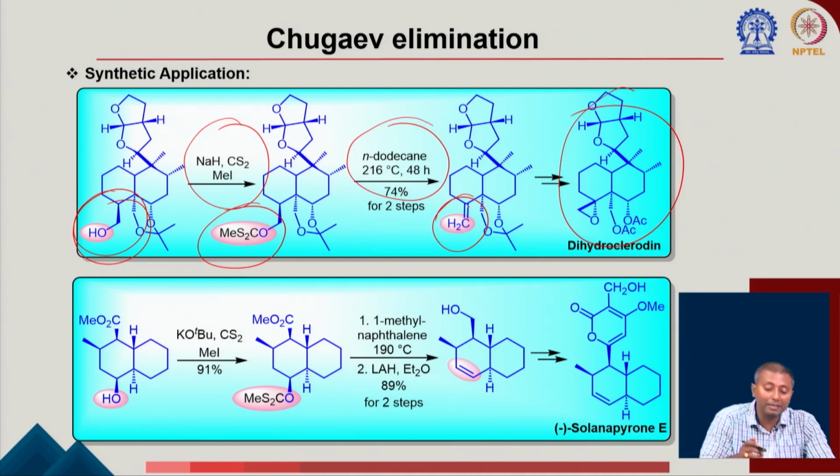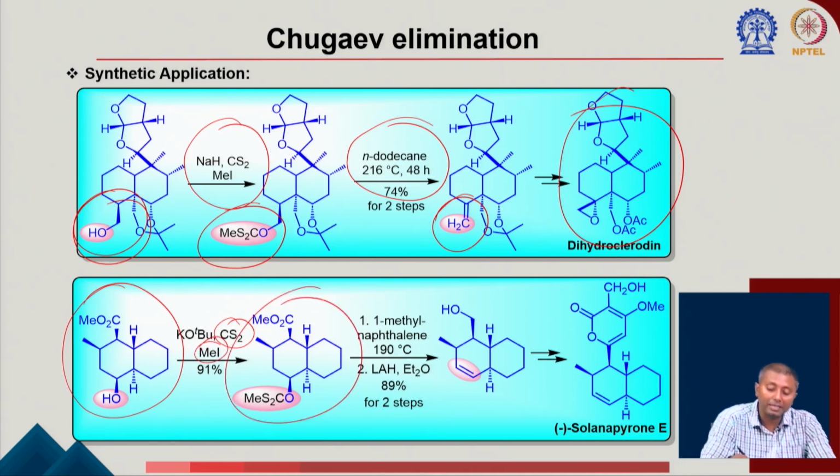And then there is another example here. In this particular reaction, this is a secondary alcohol. Potassium tert-butoxide is used to abstract this proton, then it reacts with carbon disulfide and methyl iodide to get to this xanthate. Now you are treating with 190 degrees Celsius. Xanthates are sterically bulky, so it will try to find a proton which has less steric hindrance.